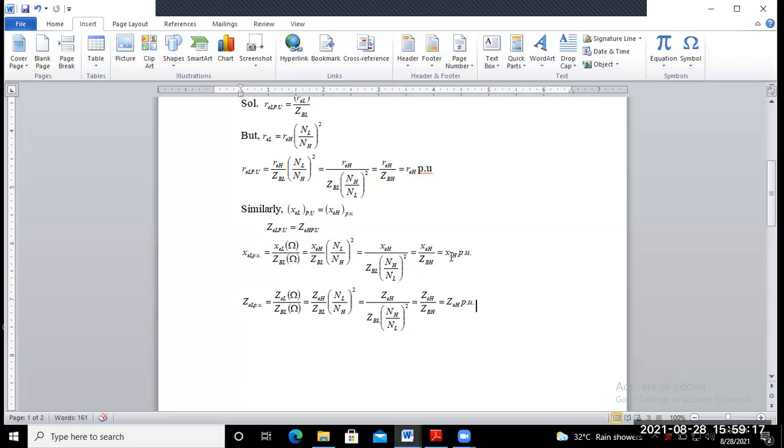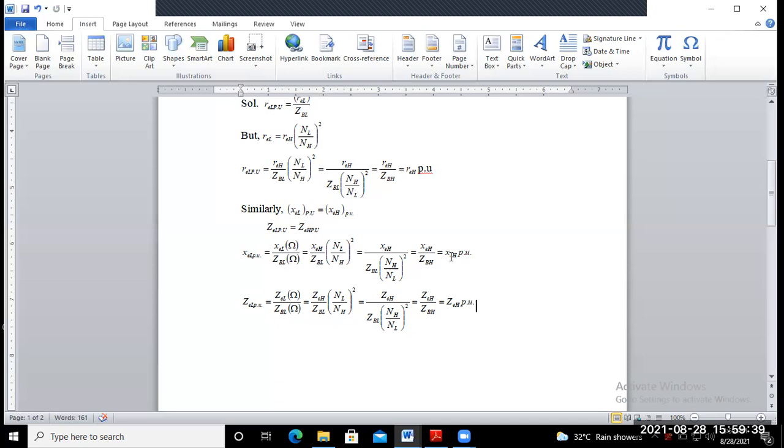We already know how we can transfer any per unit quantity given on a specified base value and base voltage to another base voltage and another MVA rating.